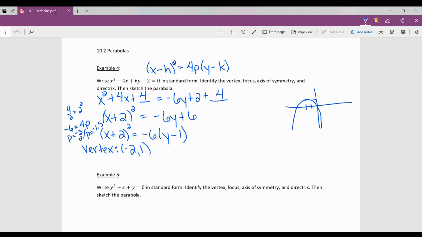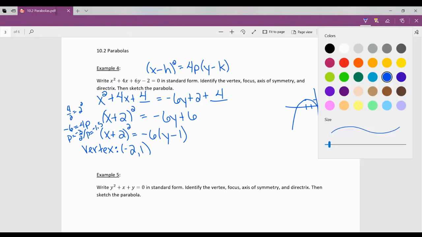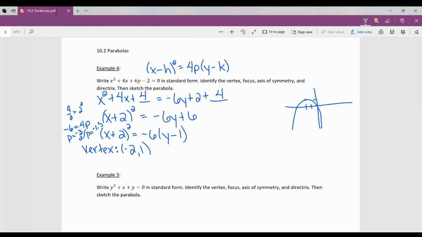Okay, so my focus is going to be 1.5 units down from my vertex. So if my vertex is at negative 2 comma positive 1, and I count down 1.5, my focus is going to be right there. So it's going to be negative 2 comma negative 0.5.